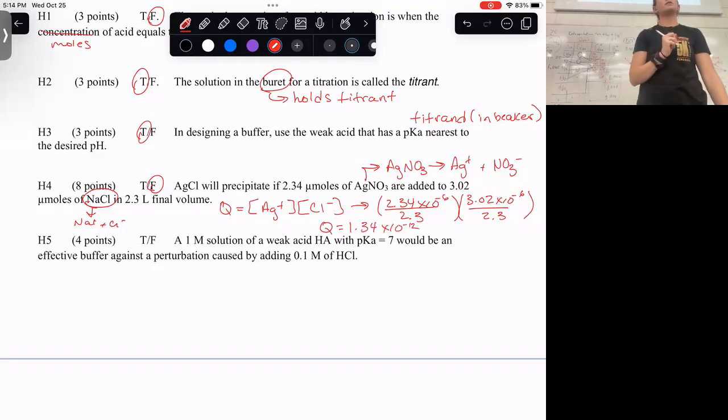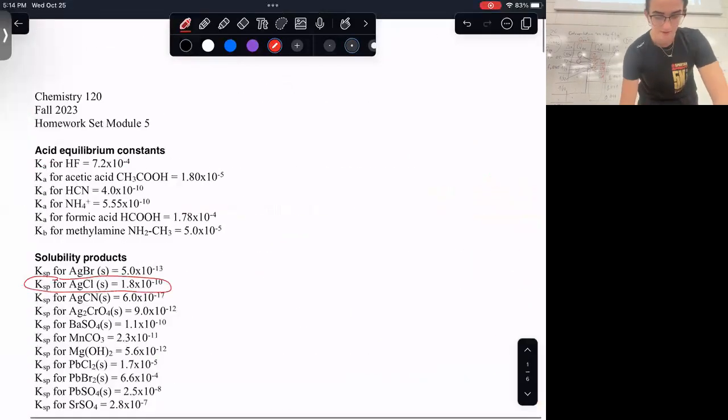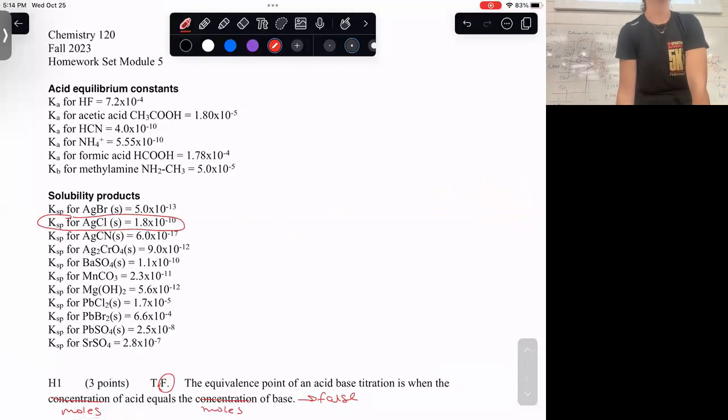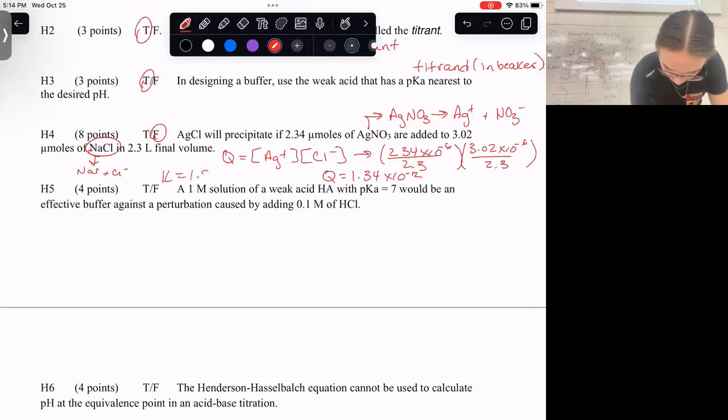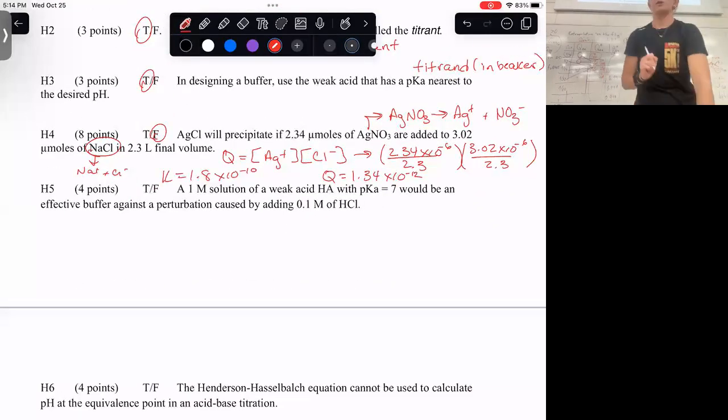Okay, right, we get something to the negative 12. KSP from our table is 1.8 times 10 to the negative 10. Negative 12 is going to be smaller than K. So Q is less than K. So which way do we go, towards products or reactants?